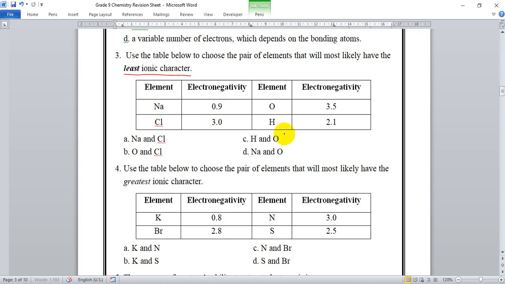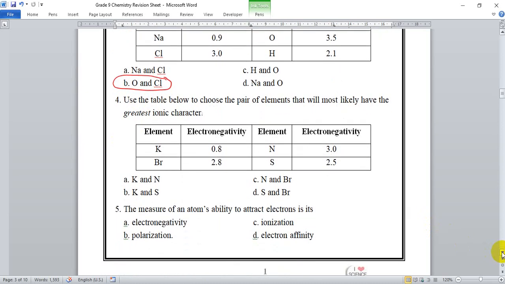Between sodium and hydrogen, 2.1 minus 0.9, and so on. If you find the difference between each two elements, you will find that the least difference is between oxygen and chlorine, 3.5 minus 3. So the least ionic character.